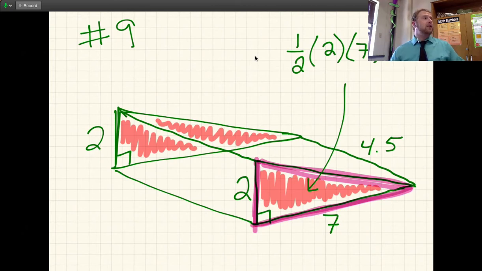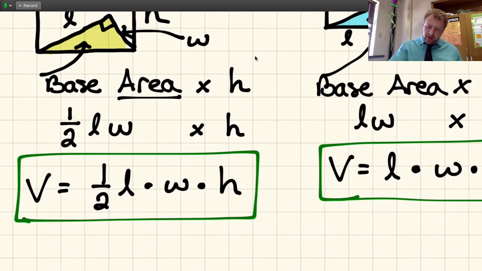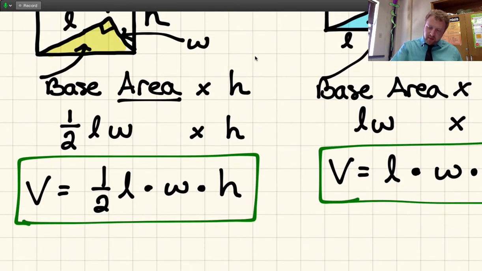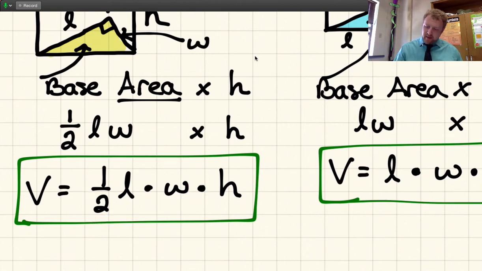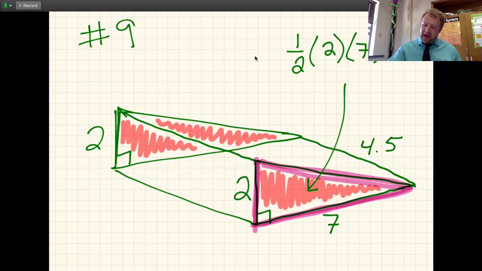Okay, now, we just did the first part right here. What's the last part that we have to do, Isabella? Times height. And in this prism, the height is the distance between the bases. What number haven't we used yet? 4.5.